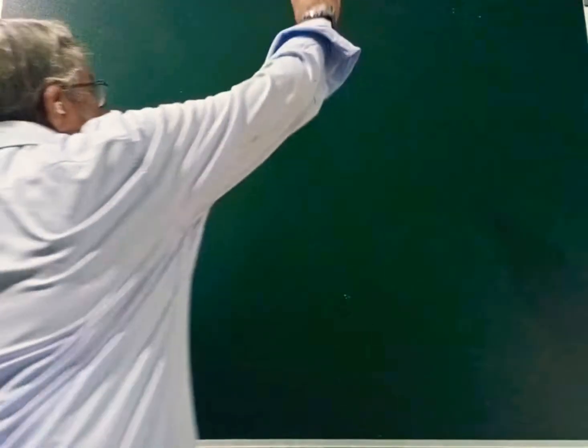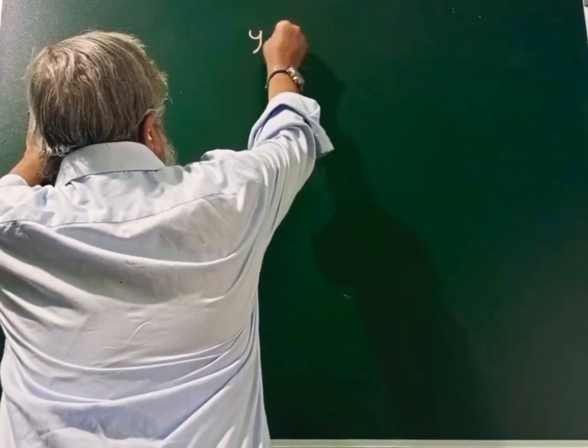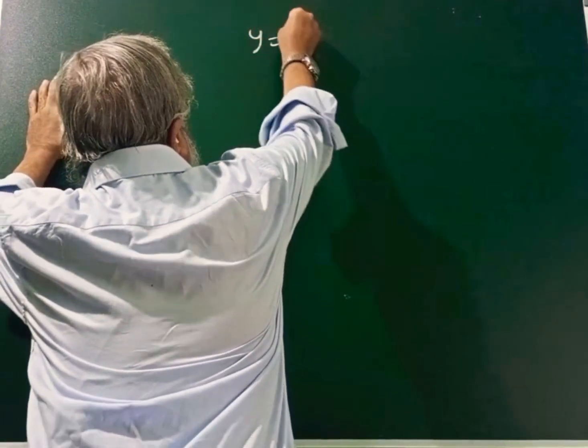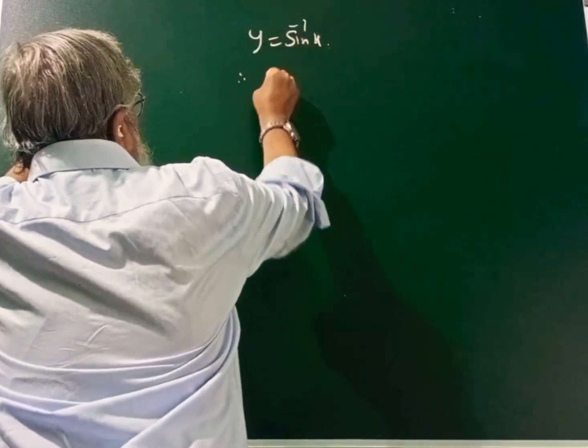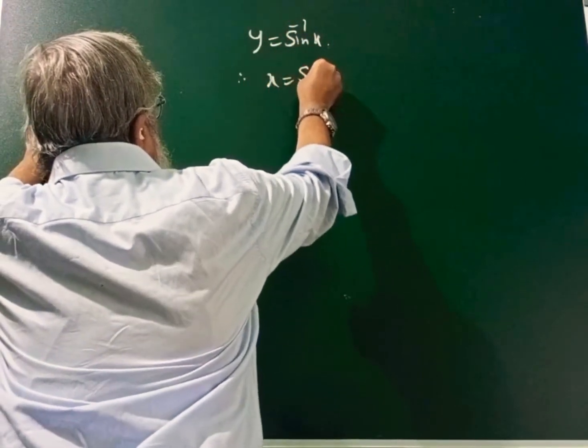You have studied the inverse function. Here, how to find out the derivatives of the inverse function. Now suppose we have the function y is equal to sin inverse x. Then by the definition of inverse function, x can be written as sin y.